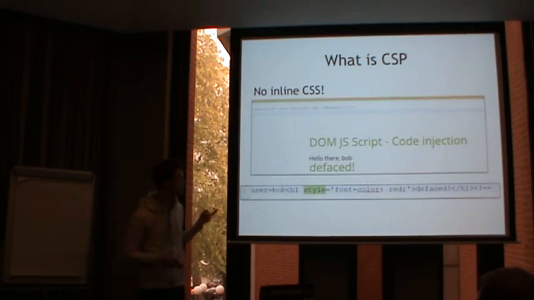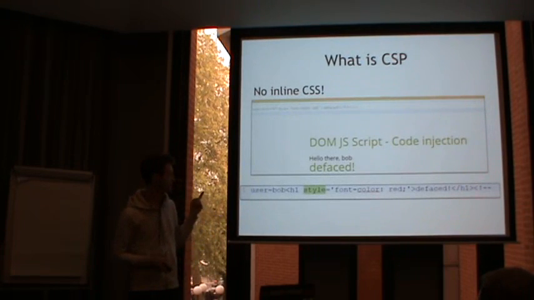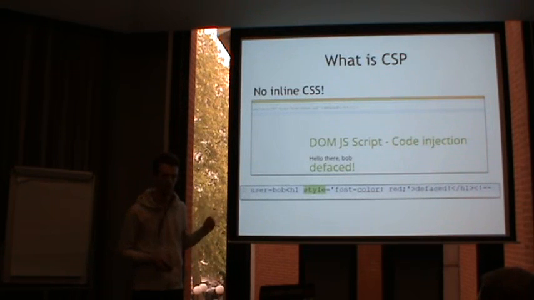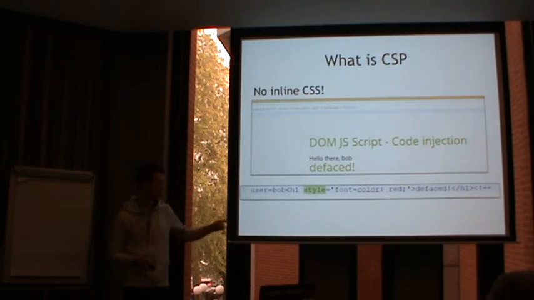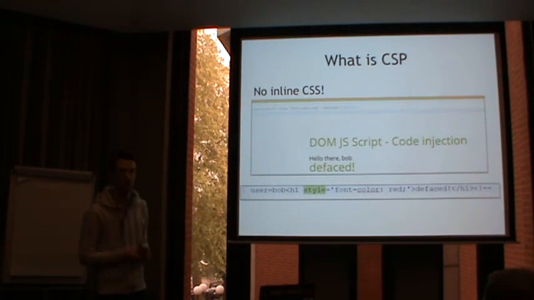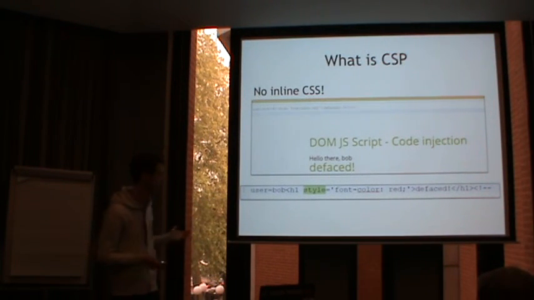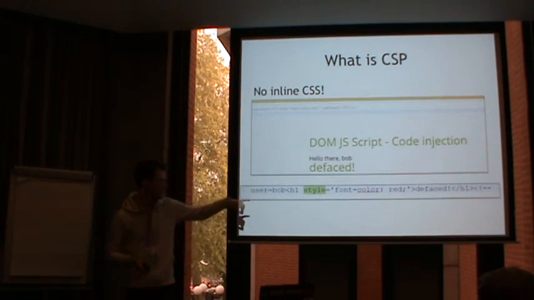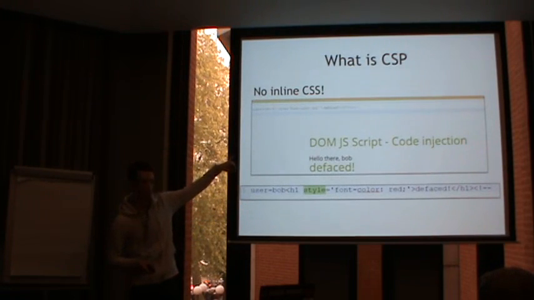Yet another thing that is blocked by CSP, and you can enable that as well, is inline CSS. So if you have anywhere on your site something like an h1 tag with inline cascading style sheets like font color equals red. This is a basic cross-site scripting example.